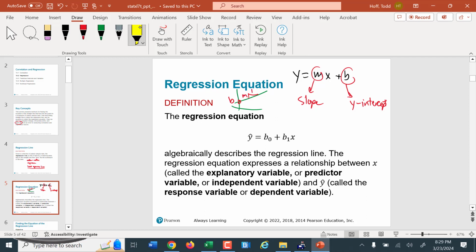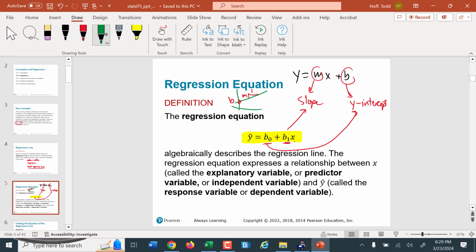Well, in statistics, we use a little bit different form. We use y equals b0 plus b1x. b1 multiplies the x variable, that's our slope. b0 is by itself, that's the y-intercept. So both of the coefficients are b's, it's just b1 is the slope, b0 is the y-intercept.